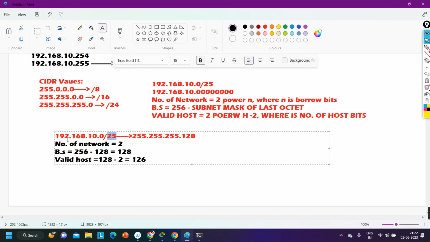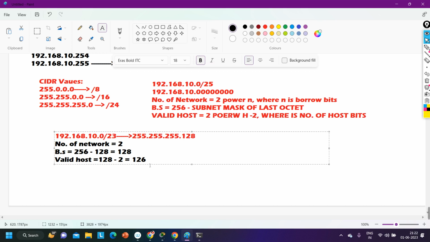Not possible. You are using an IP address from class C, right? But sir, already 24 bits are reserved for network, right? That we cannot change, brother. If we use 23, then what will happen?